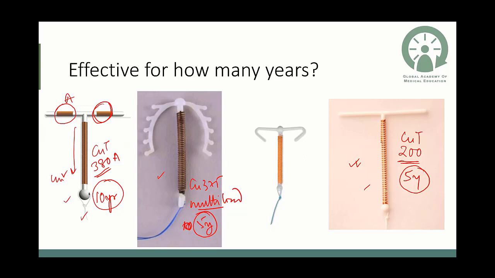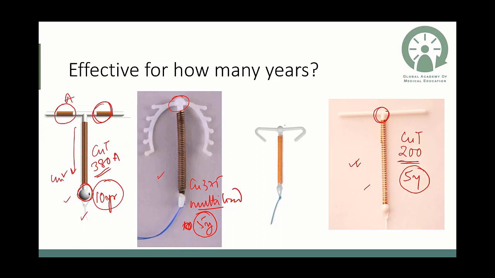So another intrauterine device. I'm pretty sure this was not the option, I just want to show it. This doesn't have this safety device. This is rounded so that it does not perforate the uterus, right?